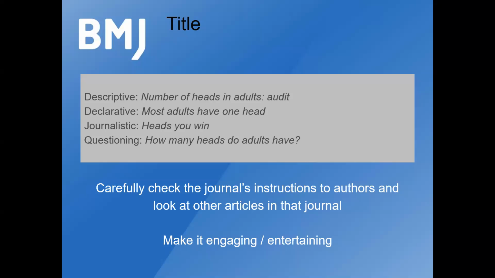And sometimes they have a word count or a character count for titles. And often you will be able to learn from other titles of other articles that have been accepted, and you will see what type of titles they really like. Is it descriptive or questioning or whatever? And then follow their lead.